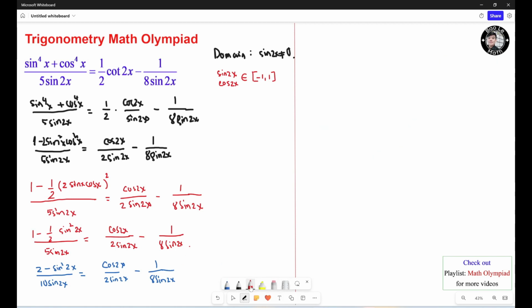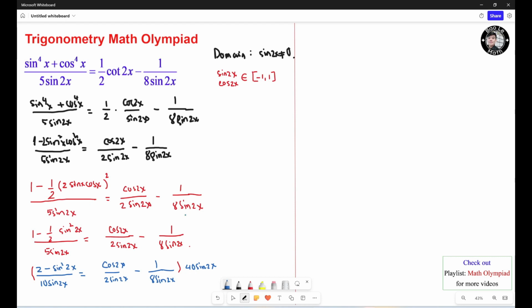Now we need to find the least common multiple of the denominators, which is 40 sin 2x, so we multiply both sides by 40 sin 2x. The 40 and the 10 cancel to give 4.